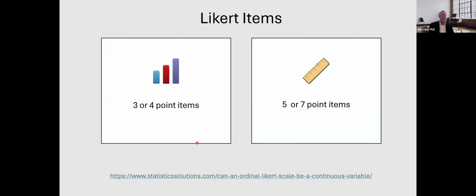Technically speaking, these things are ordinal. But how they're treated, the literature says, and you can look at this website here, is that if that Likert type item is a 5 or 7 point scale, you can treat it as continuous. You can do tests as if it was continuous, and it has little impact on the results of these things.